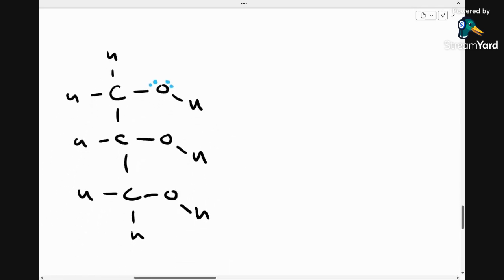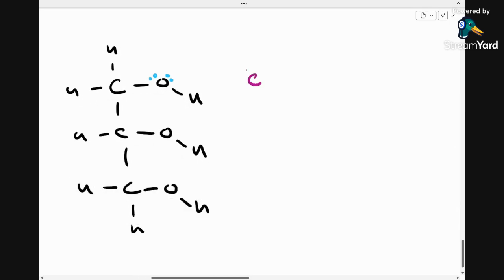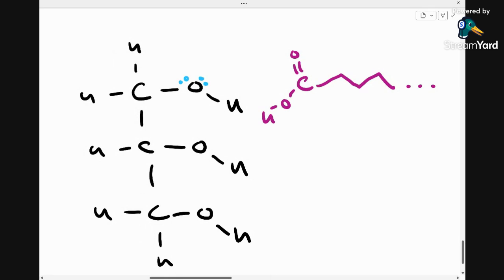And of course the carboxylic acid group here. And what's going to happen is the electrons here in blue are going to attack this carbon here. The reason for that is because this carbon is delta positive because of the electronegativity of oxygen here and the electronegativity of oxygen here.